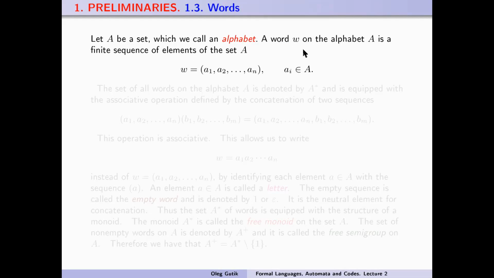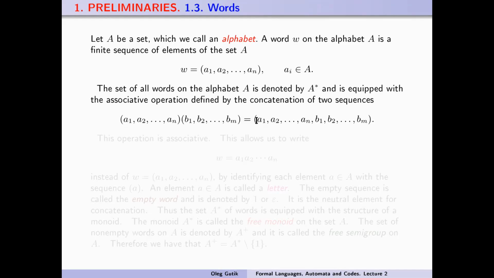A word W on alphabet A is a finite sequence of elements of a set A, where A1, A2, and so on, AN, where all AI belong to A capital. The set of all words on the alphabet A is denoted by A with star, and is equipped with the associative operation defined by concatenation of two sequences.